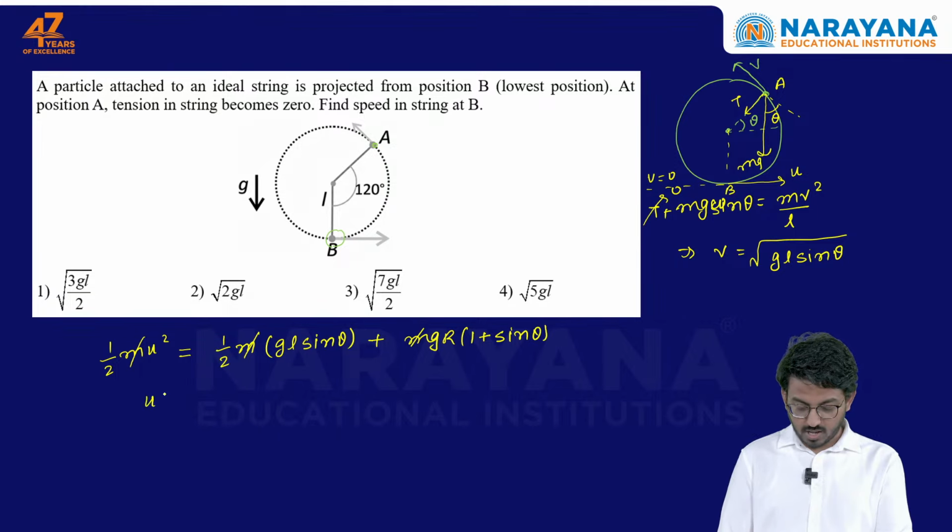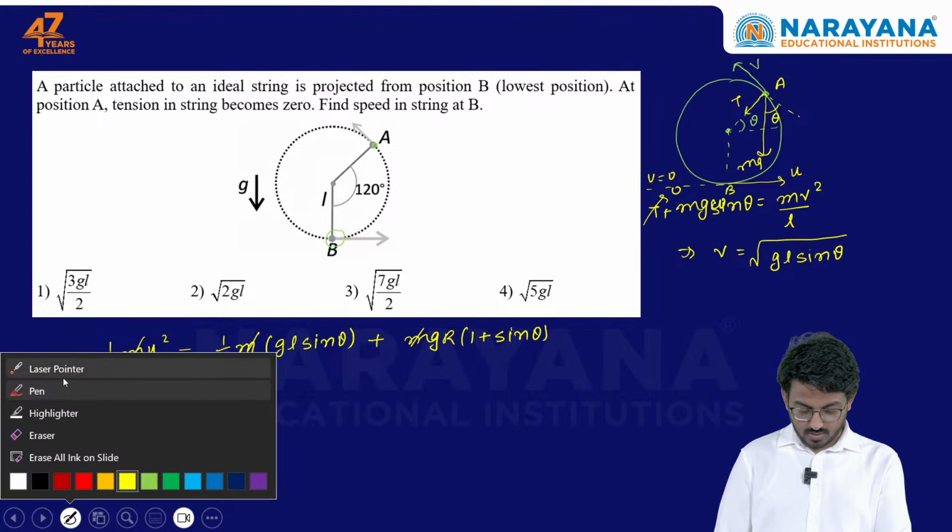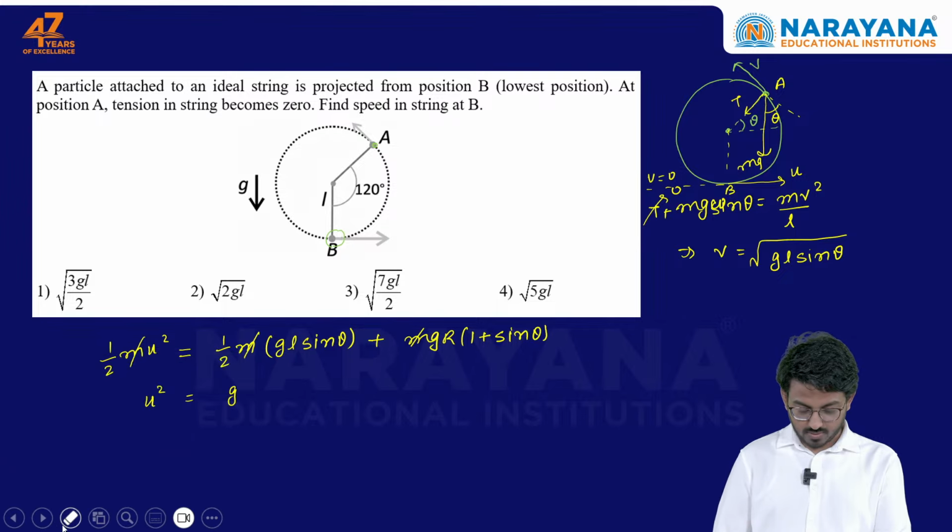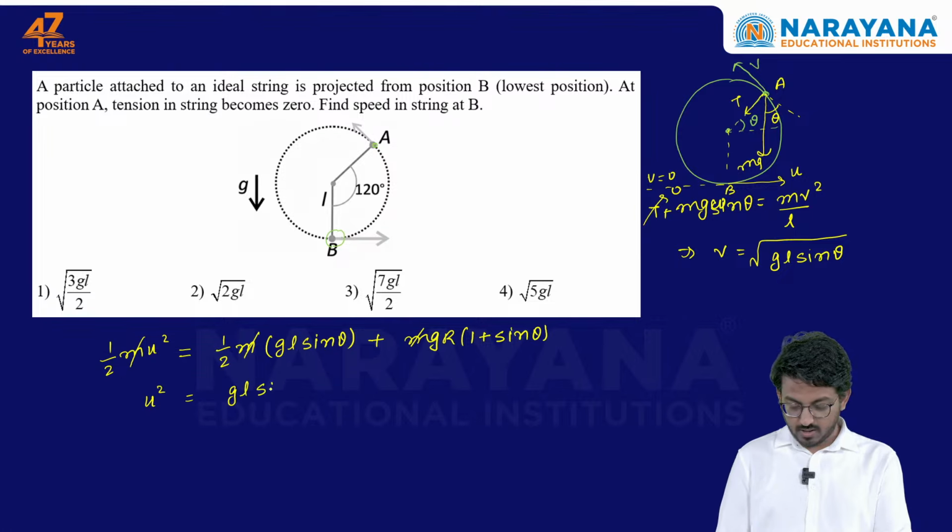We get u square is equal to gL sine theta plus 2gL(1 plus sine theta).